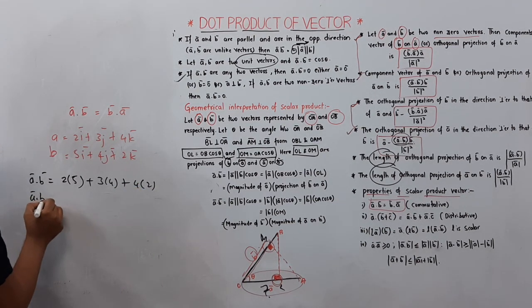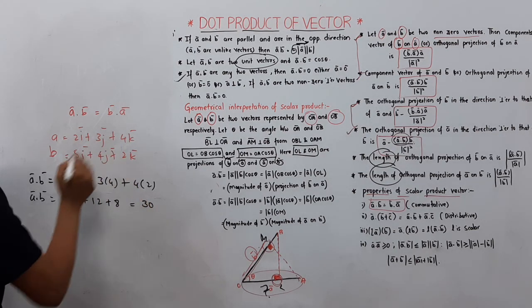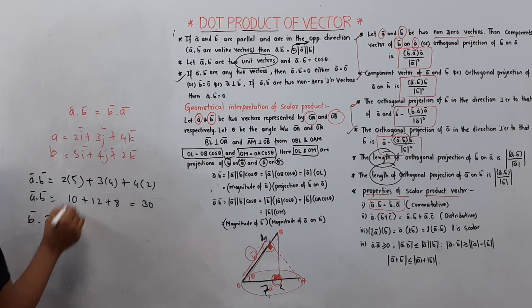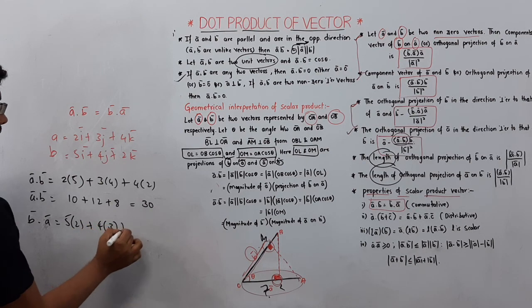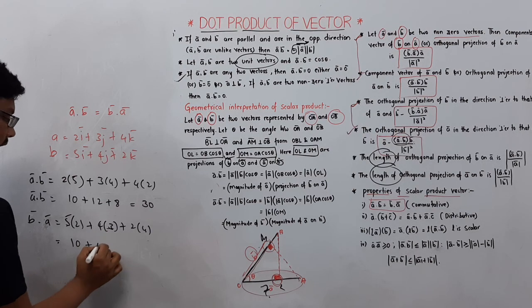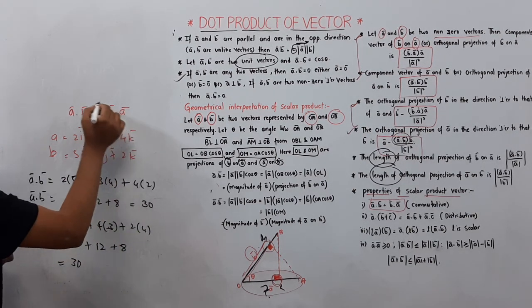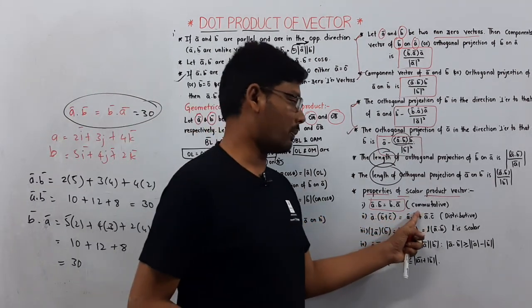That is 10 plus 12 plus 8, which is 30. Now, B bar dot A bar: 5 into 2 is 10, 4 into 3 is 12, plus 2 into 4 is 8. So completely we have 30. For these two we are getting the same answer. So, this is nothing but the commutative property.